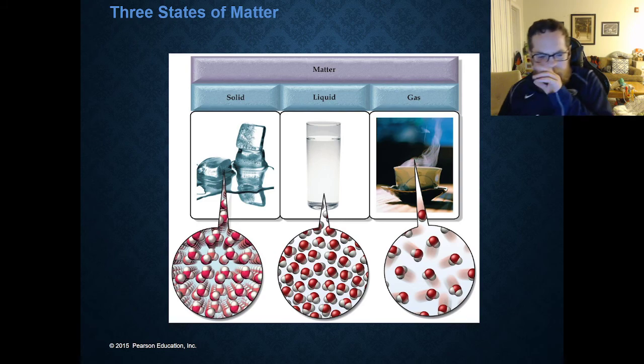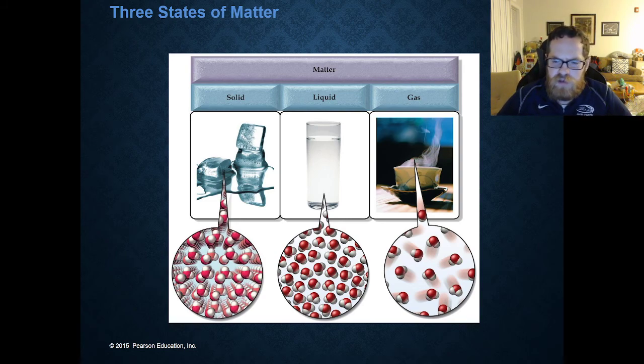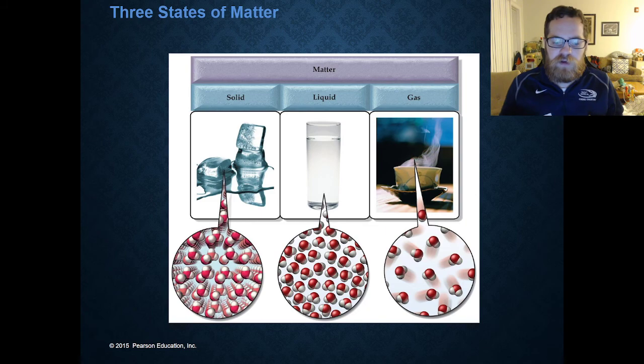Solids are typically, actually water's an exception here, but solids are typically packed in really tight. They have many different ways of forming bonds between them that hold them in close. But the one thing they all have in common is they are physically all packed in together and connected.